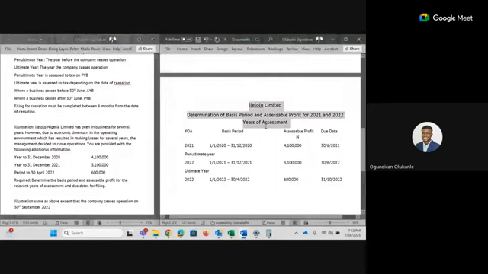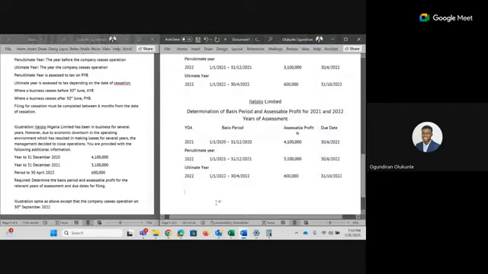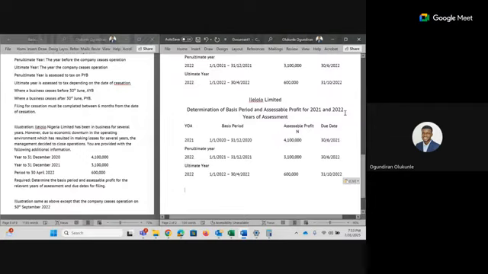Right? That's the question you want to ask. So I will do the same thing. The only difference is the ultimate year. So this will be 2021 to 2023 year of assessment, just because of that change of information. So 2021, nothing changes. 2022, nothing changes. The penultimate year, nothing changes.